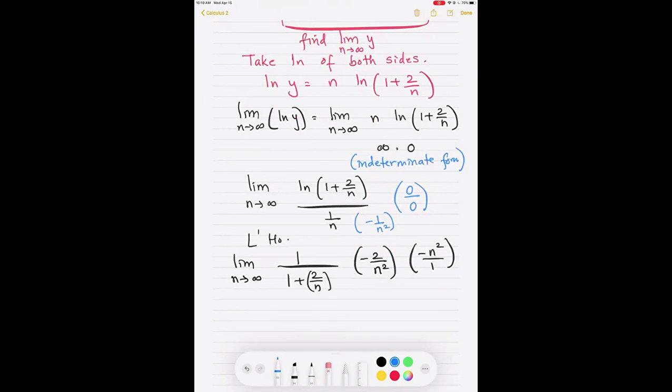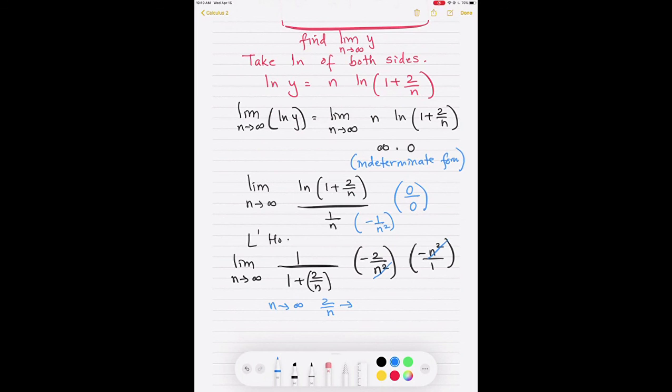And so these cancel. I'm going to say as n approaches infinity, I want 5 answers here. 2 over n approaches infinity, right? The bottom gets larger and larger, so 0.